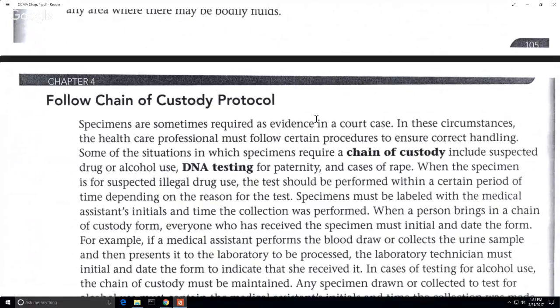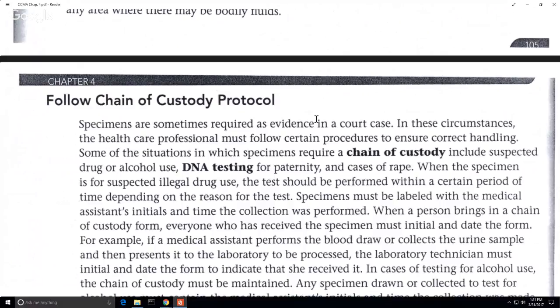Then follow the chain of custody protocol. The specimens are sometimes required as evidence in a court case. In these circumstances, the healthcare professional must follow certain procedures to ensure the correct handling.